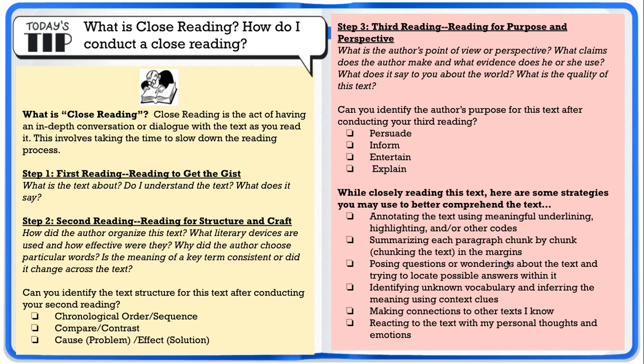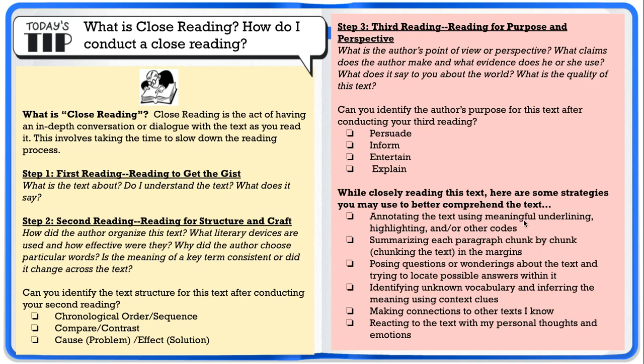This is also known as writing marginal summaries. Posing questions or wonderings about the text and trying to locate possible answers within it. Identifying unknown vocabulary and inferring the meaning using context clues, making connections to other texts that you know, and reacting to the text with personal thoughts and emotions.